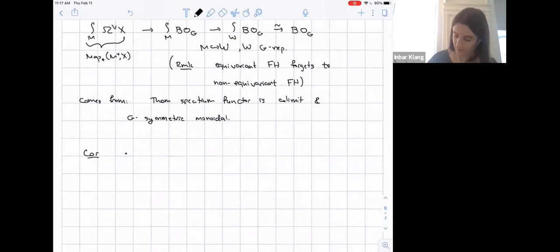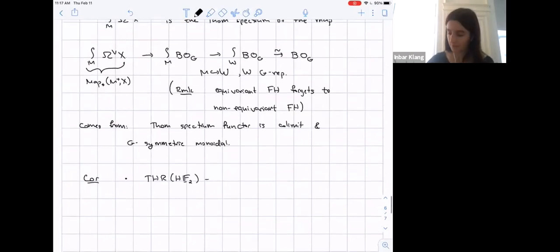One of them is that the real topological Hochschild homology of HF_2 is HF_2 smashed with the suspension spectrum of ΩS^{ρ+1}.